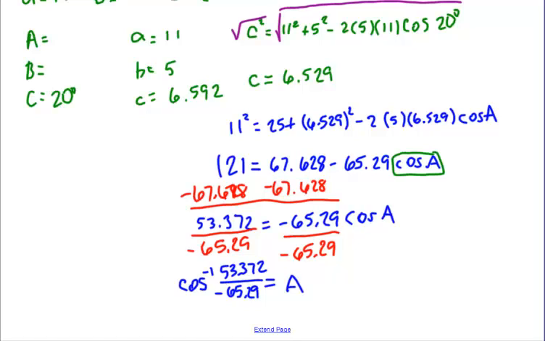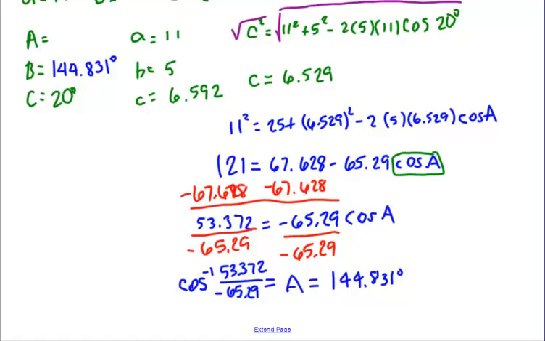And you should get for A 144.831 degrees, and there's only 180 degrees inside a triangle.